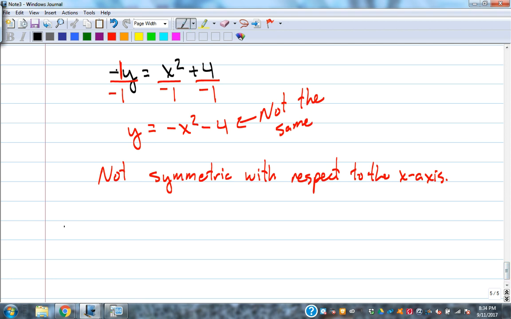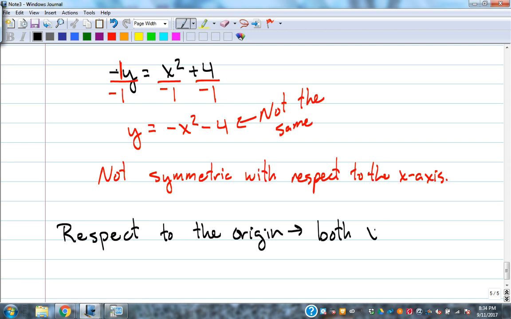Now, the last type of symmetry you could have is with respect to the origin. And that would require it to be both x-axis and y-axis symmetric.